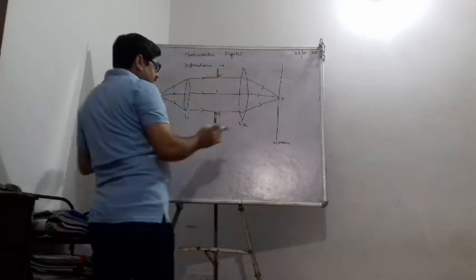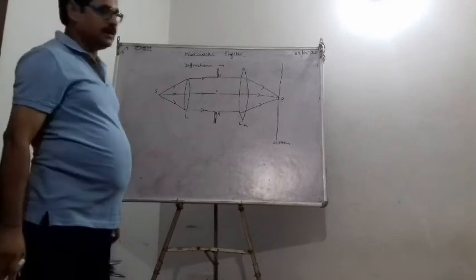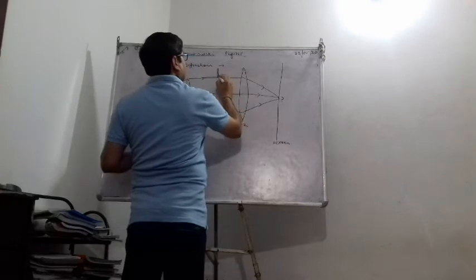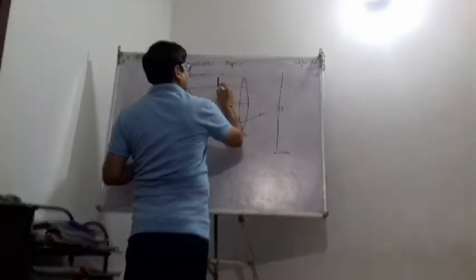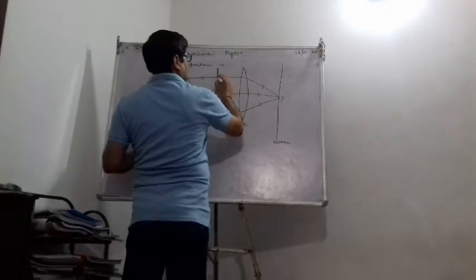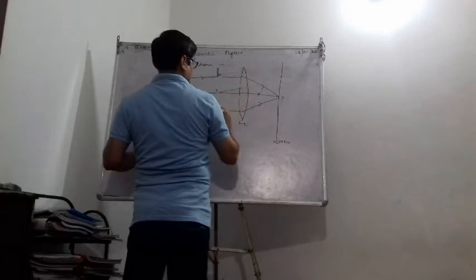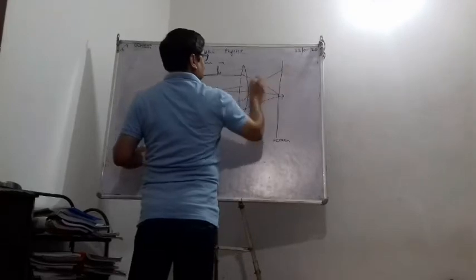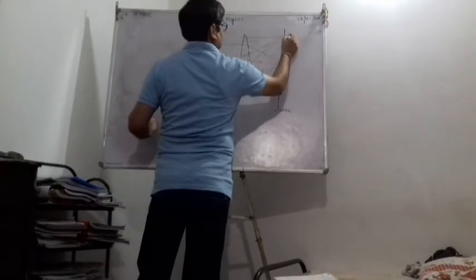When these two lights interfere with each other, the interference pattern is obtained, and this interference pattern is called the diffraction pattern.